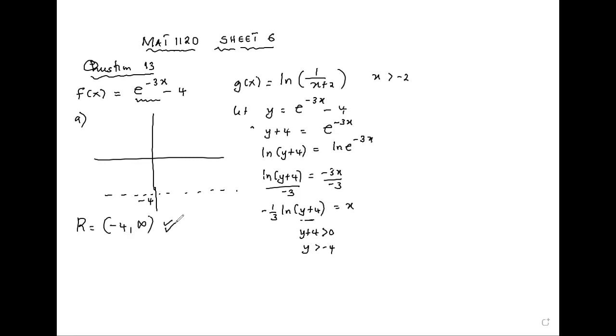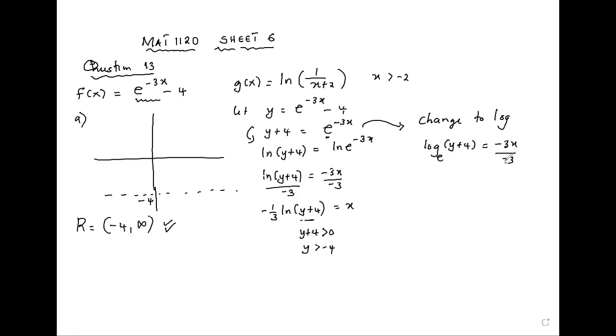Well, solving this way is the same thing as saying when you reach here, then change to log. How do you change? You say log of y plus 4 base e is equal to negative 3x.